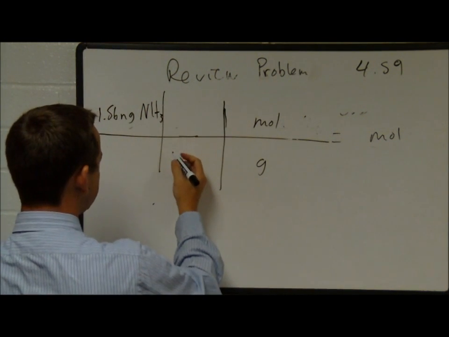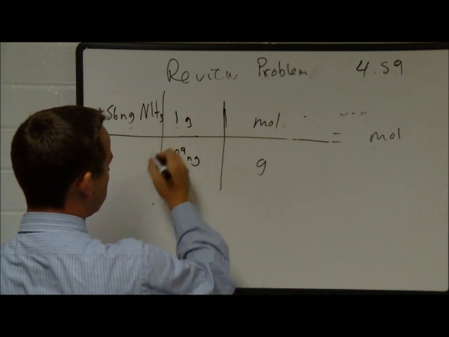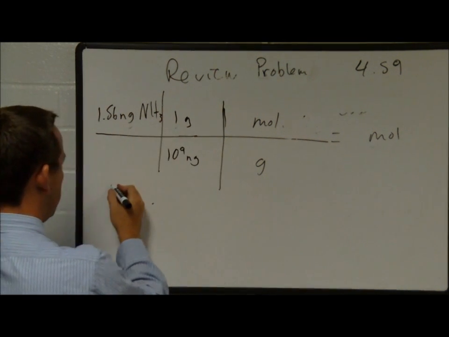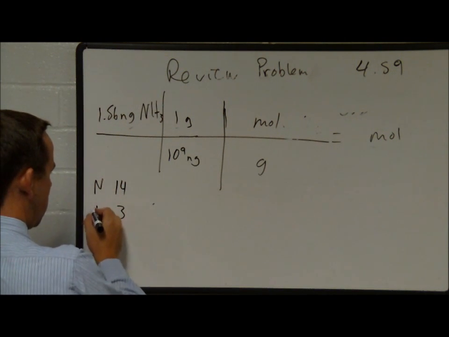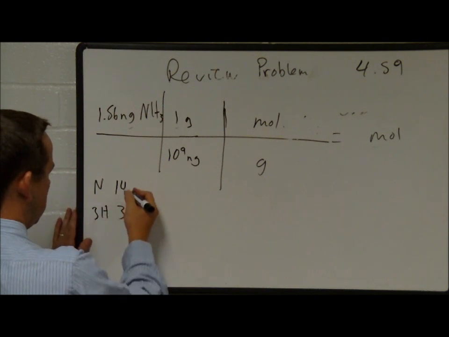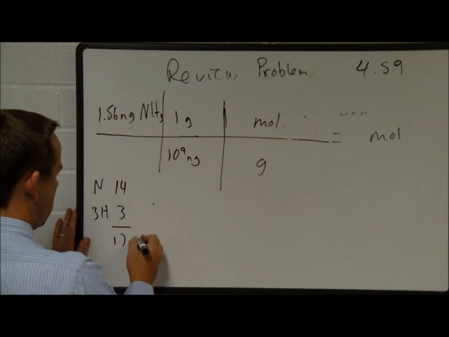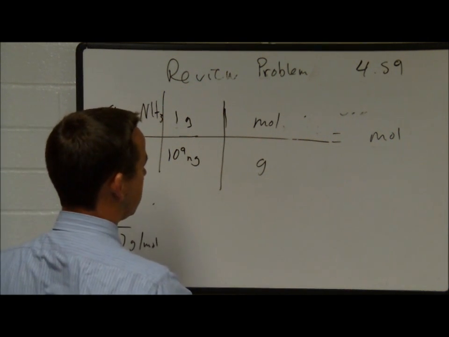Well, there's 10 to the 9th nanograms for every 1 gram. And then in 1 mole of ammonia, that's 14 for the nitrogen, and then 1 for each hydrogen, and there's 3 of them. So that's 17 grams per mole. 17 grams of ammonia for every mole of ammonia.